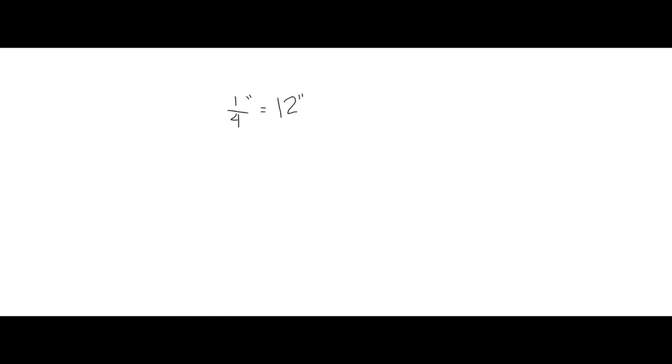So I'm going to multiply this whole thing by 4. And then I have to do the same thing to the other side. So I have to multiply this whole thing by 4. And so this is going to get me 1 is equal to 48. And so this is my scale factor. 1 is equal to 48. And that is exactly what we have for the dimension scale, for the dim scale. We're going to have that equal to 48.